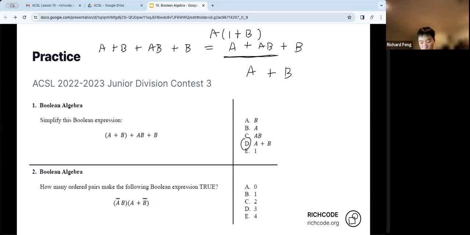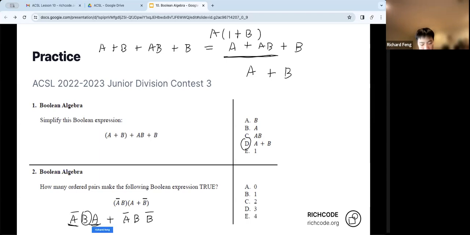And for question 2, we have terms that are in parentheses. So the best way to go about this is to distribute. So we have A and not A, B and A, or not A and B and not B. So not A and A is always going to give you 0.